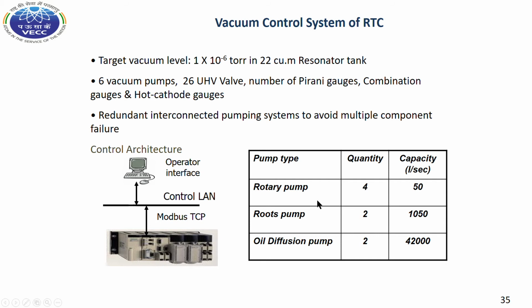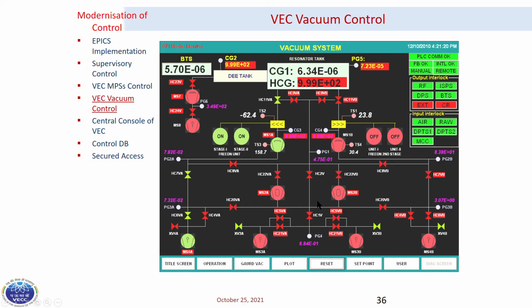The pumps are rotary, diffusion, and root pumps, and there are gate valves and interlocks. The control system of room temperature vacuum system has been upgraded to PLC based automated system from the relay based manual system.